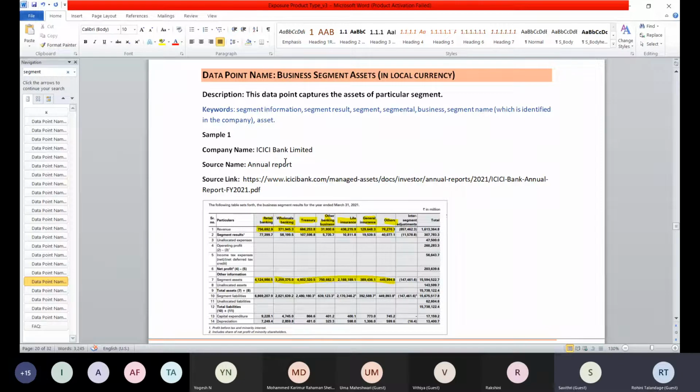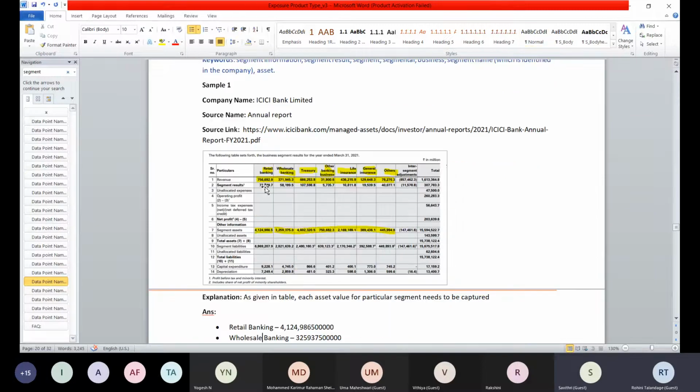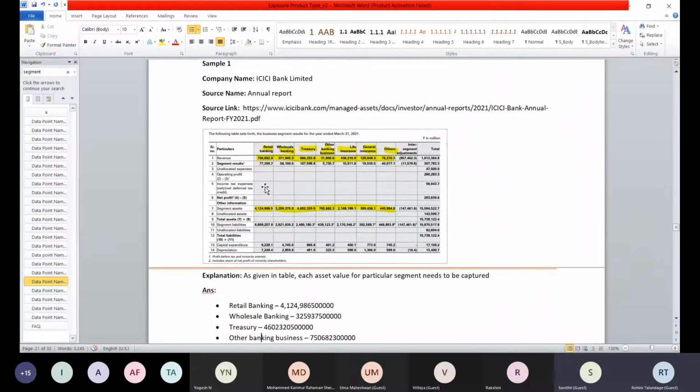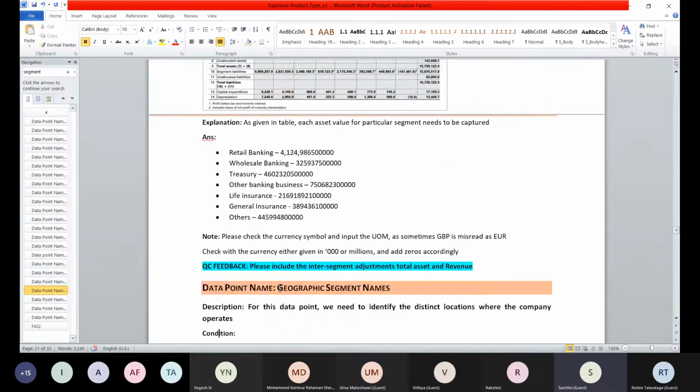If your business segment is retail banking, you can use that as a keyword and search in the report whether they have given any asset details for this segment or not. Now here, for each business segment they have given asset details, so you can take it as segment assets. So this will be directly given.